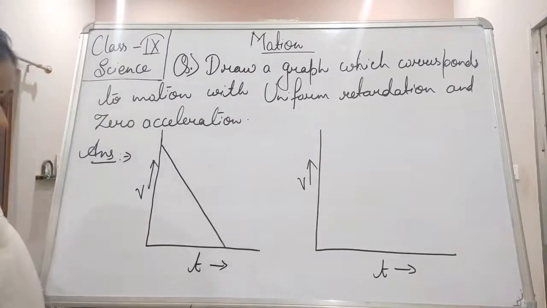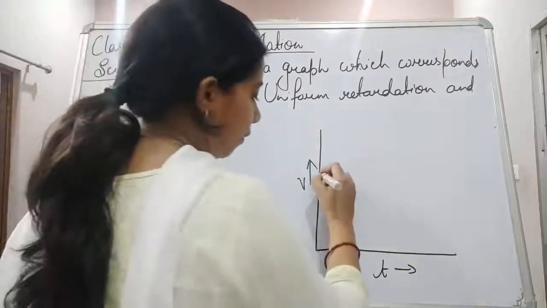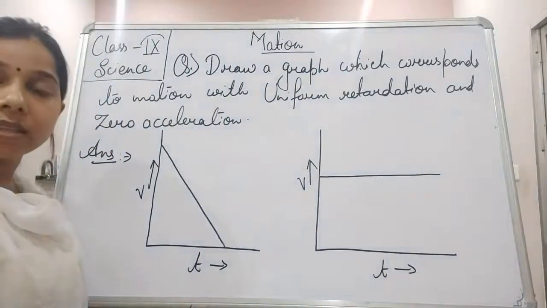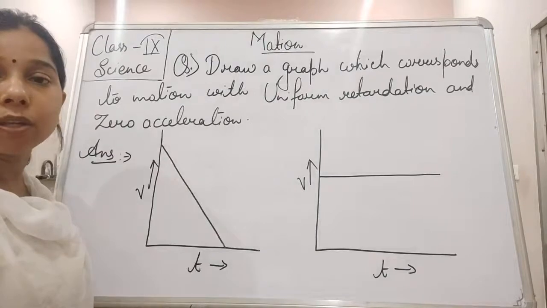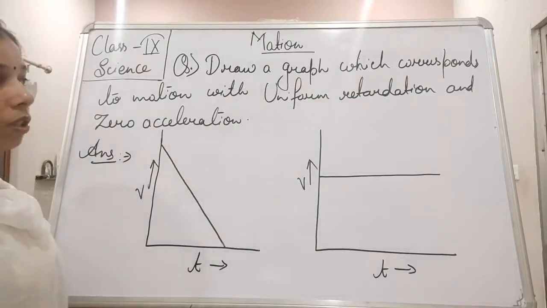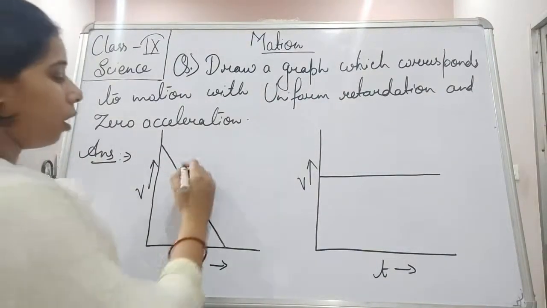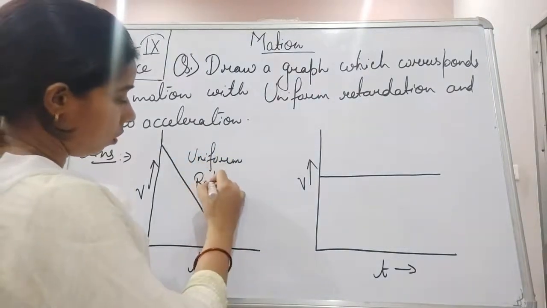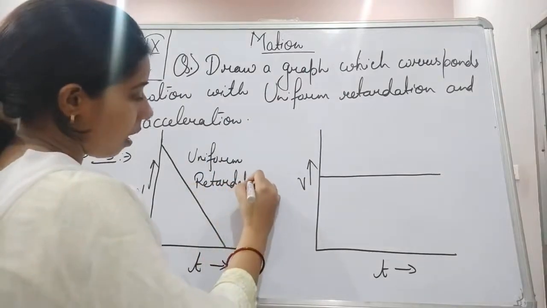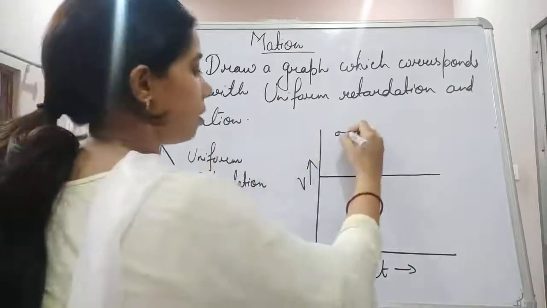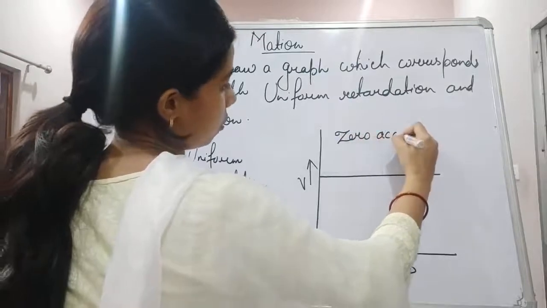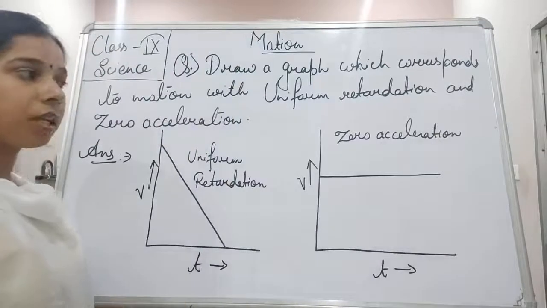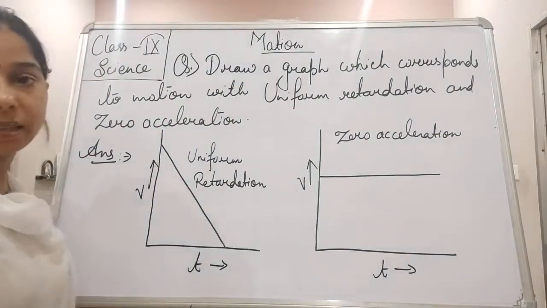So obviously the graph will be a straight line parallel to the time axis. So this is for the uniform retardation, and this one is for zero acceleration, students.